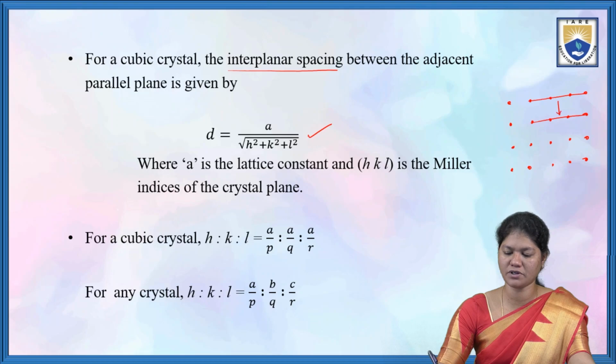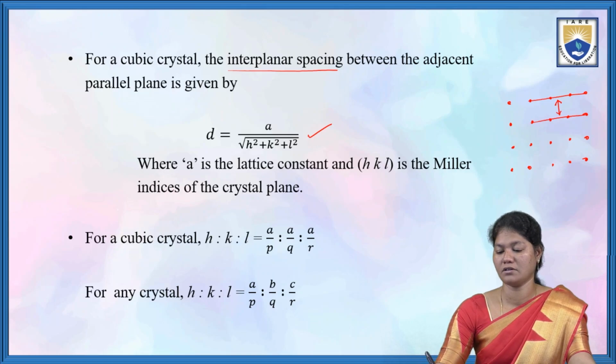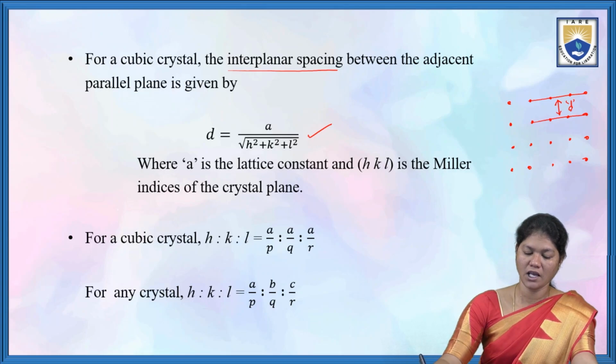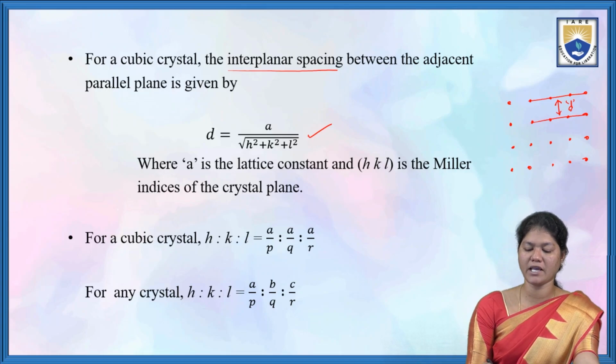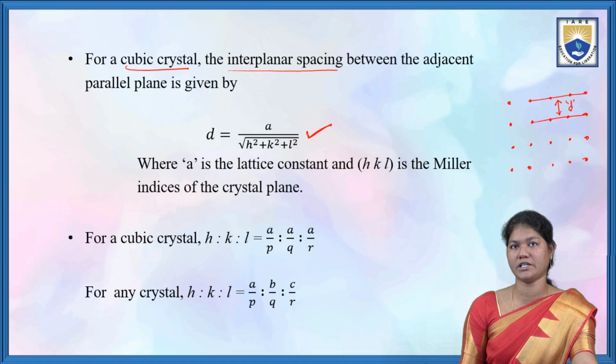The distance between two adjacent planes, the interplanar spacing d, is equal to a by root of h square plus k square plus l square. This is the interplanar spacing for a cubic crystal.